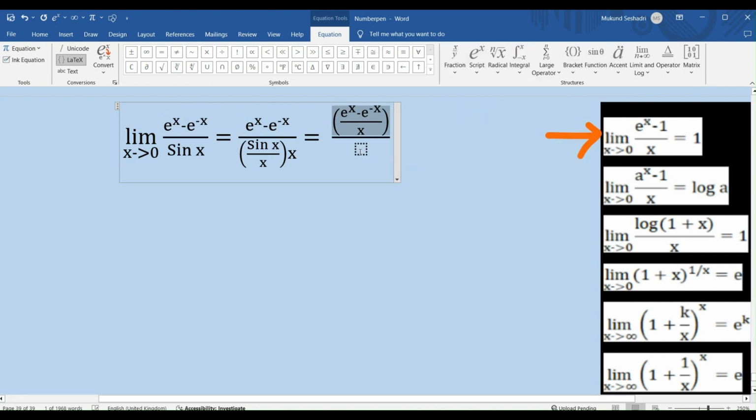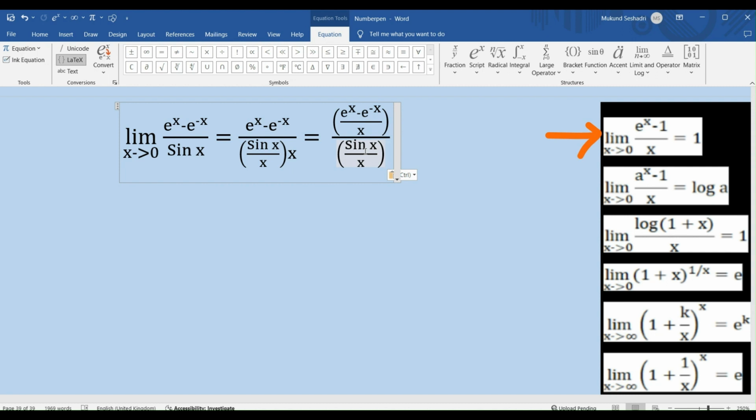So I hope you folks got what exactly I'm doing. I have multiplied and divided by an x in the denominator, and I'm using one x with the e to the power x minus e to the power minus x part, and I'm using the other x with the sine x part. And this makes it a lot simpler, right?